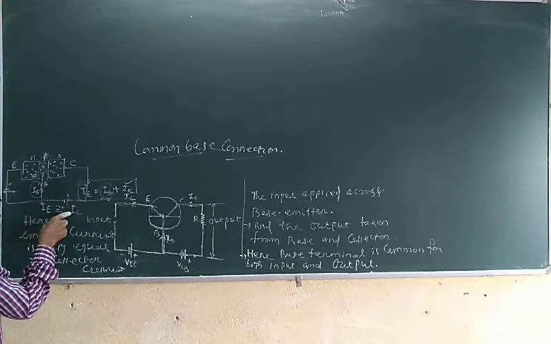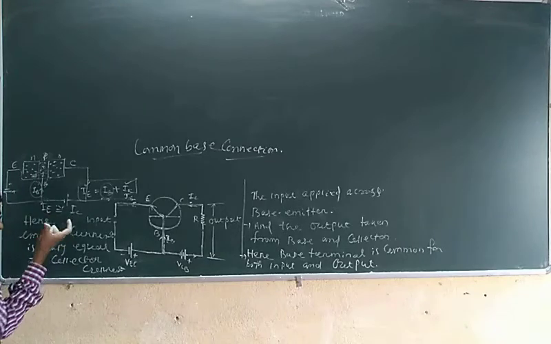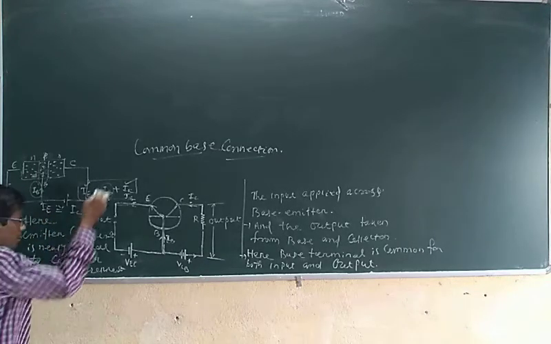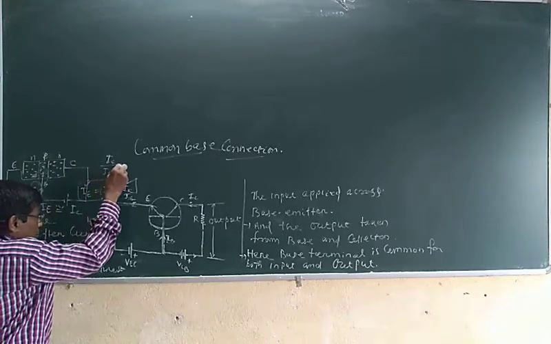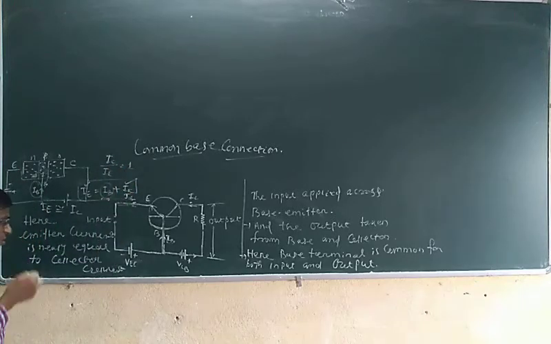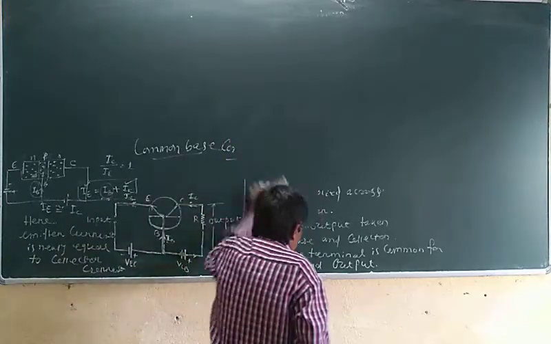So the emitter current and the collector current are nearly the same, then the ratio IC to IE is equal to unity, 1. So now we discuss the current amplification factor in common base connection.